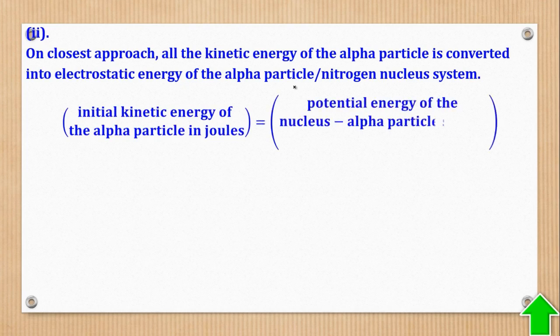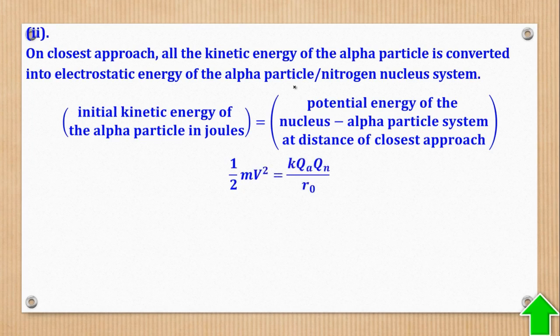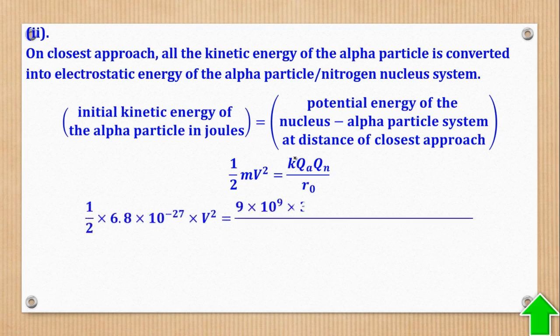Therefore, we shall quote the formula, which you already know, and now we are not using 4 pi epsilon naught, because we already know by now that K means 1 over 4 pi epsilon naught. So we shall substitute.